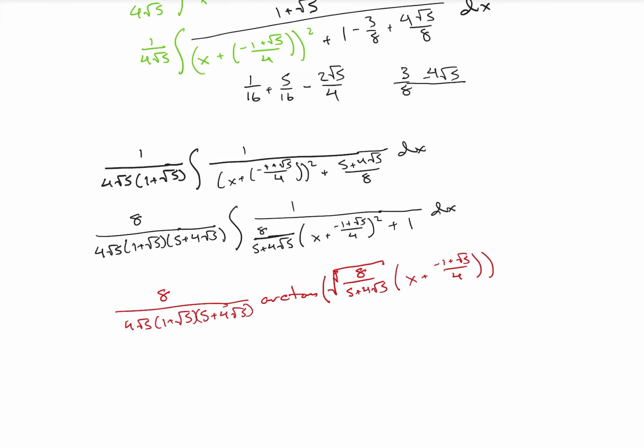And then I notice here that I'm also going to have to multiply that by the square root of 5 plus 4 root 5 over 8.